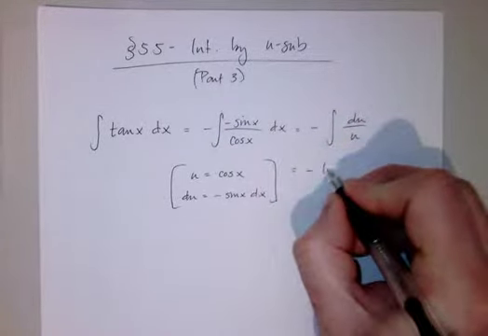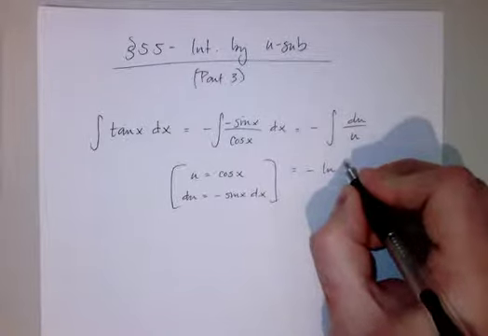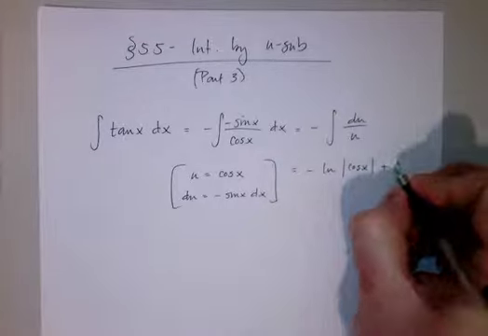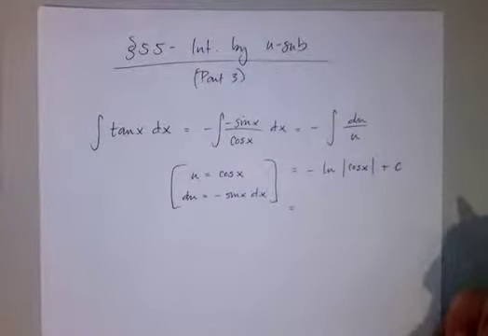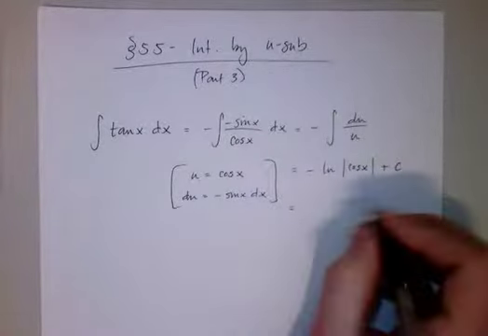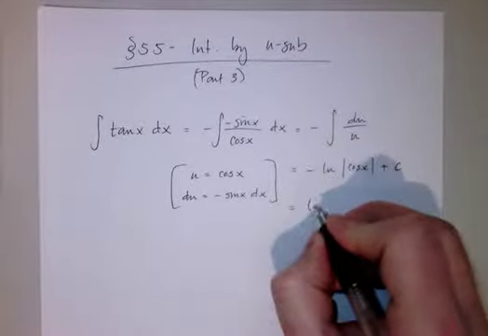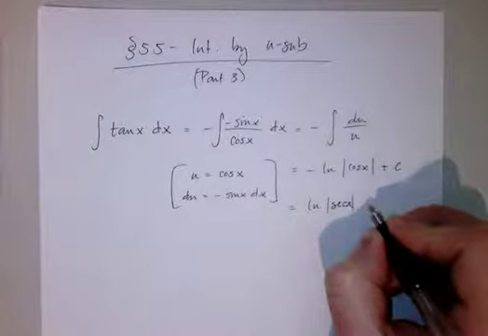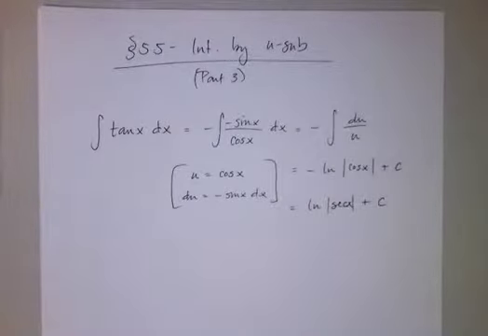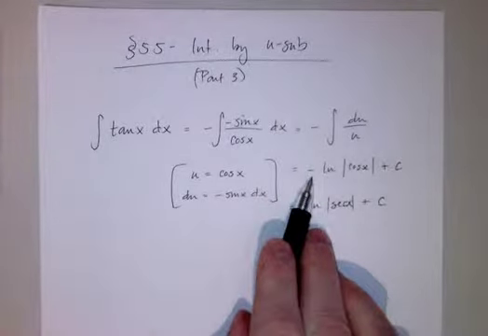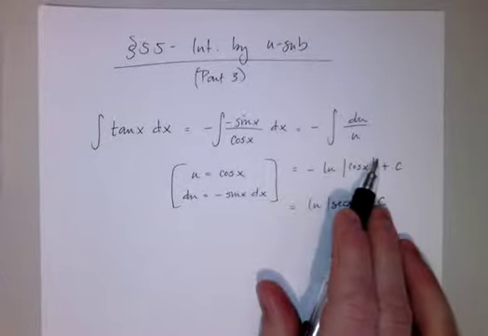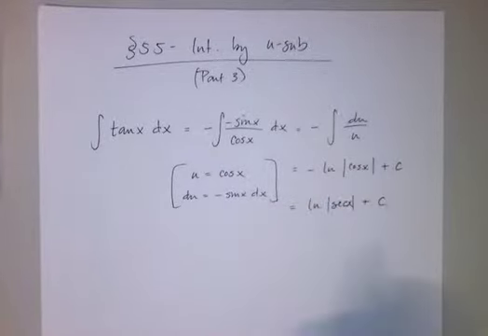It becomes negative natural log of the absolute value of cosine x plus c. Using the properties of logarithms, some people prefer to write it as natural log of secant, because you can take that negative coefficient out in front of the natural log and pop it up as the exponent of the argument of your logarithm.